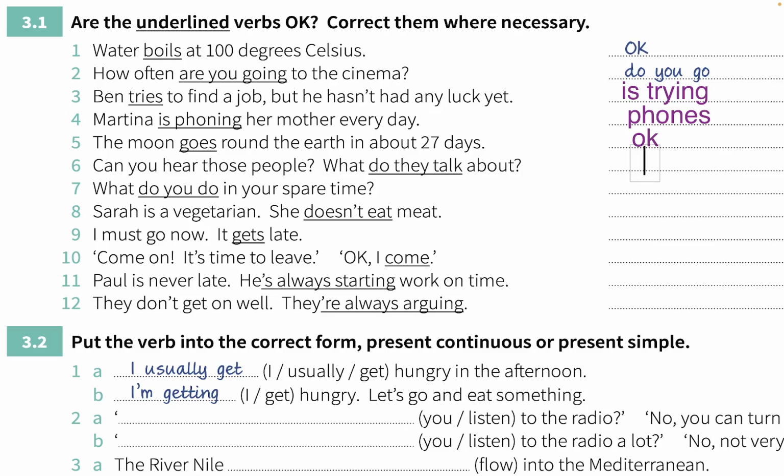The correct tense for this is, can you hear those people? What are they talking about? So the tenses that we're using here are only present continuous and present simple.